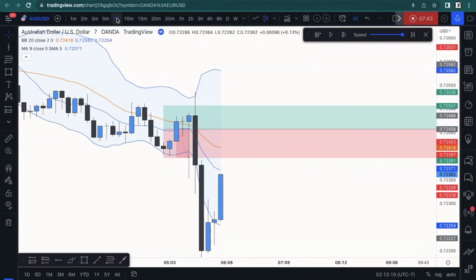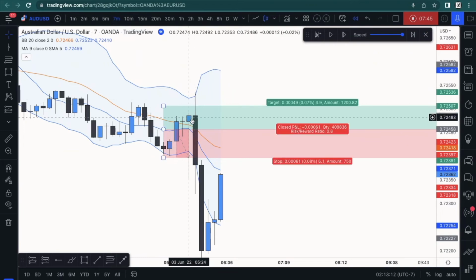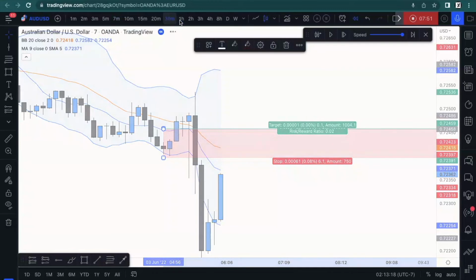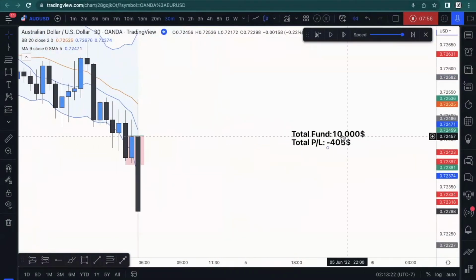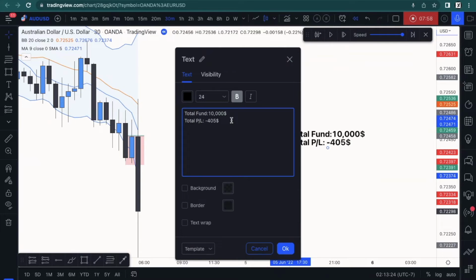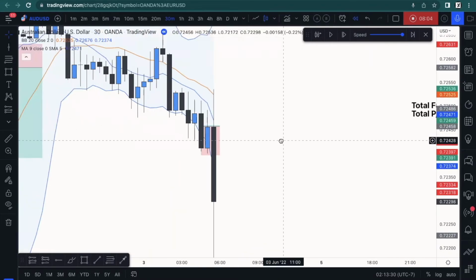I think price hit stop loss first before hitting our take profit. So this is going to be another loss. Wow, back-to-back losses so far for this strategy. So that's another $100 loss, meaning we have $505 of total loss so far.